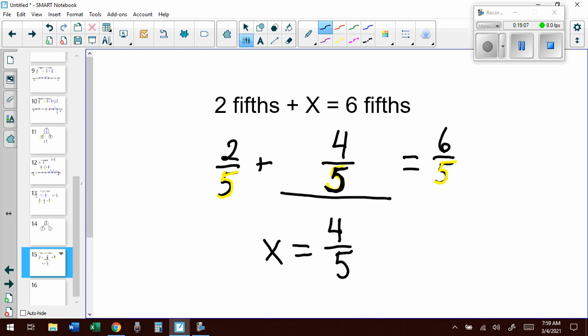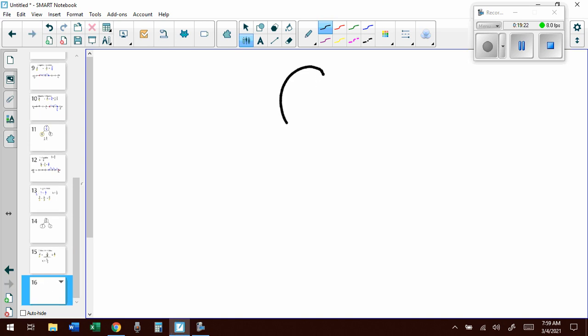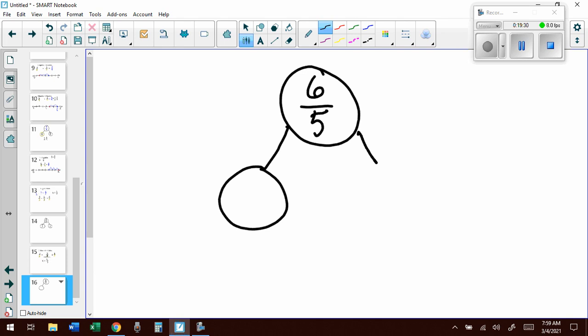Now, since we are fraction people, we can't just let 6/5 be. 6/5, we need to write that as a mixed number. We notice that 6/5 is greater than 1 whole. So here we should make a number bond. 6/5. We know it's greater than 1 whole, so the first partition should be what is 1 whole? 5/5.